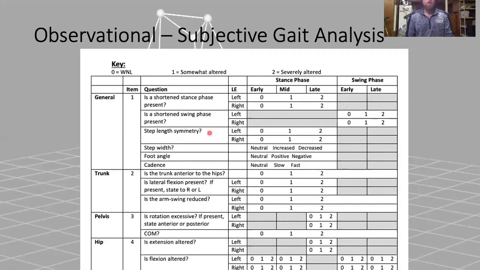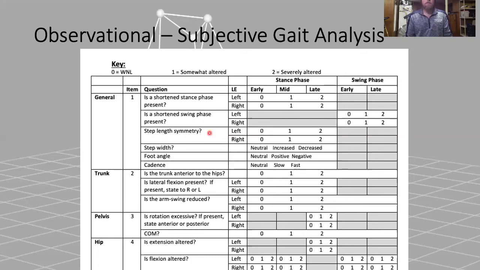If you are a physical therapist or an occupational therapist or an athletic trainer, you might not have the time, in a 30 or a 60-minute session, to set someone up to gather all that quantitative data. So another valuable tool is subjective, observational, qualitative evaluation of gait.